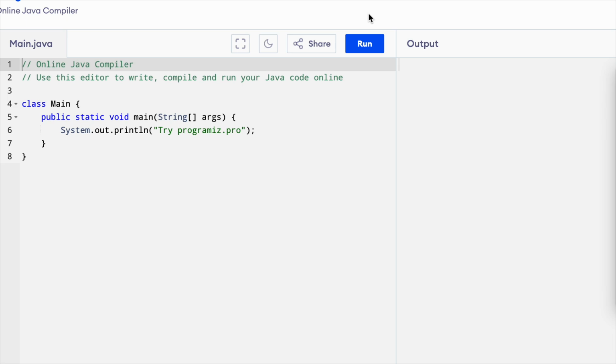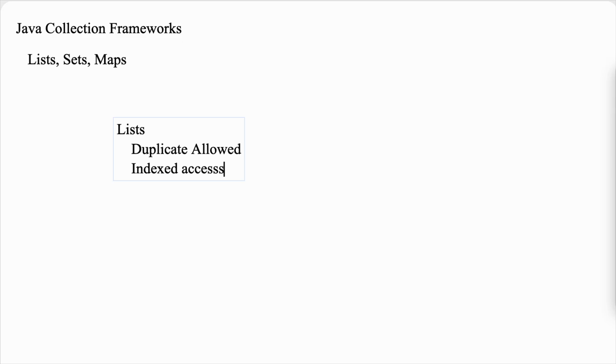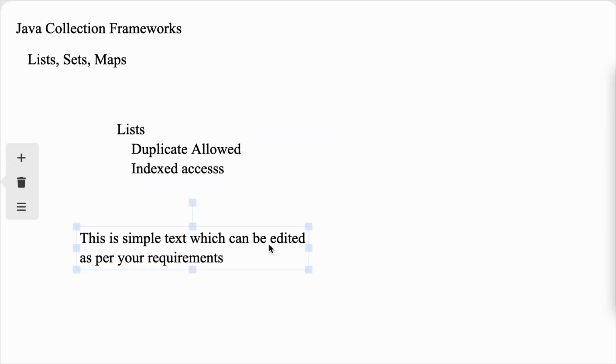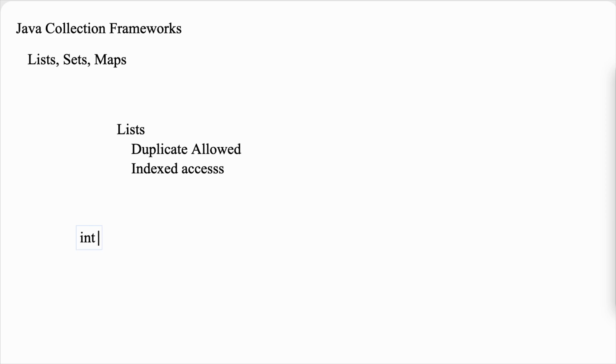The problem is, suppose we have an array, an int array. Using the list, we need to remove the duplicate numbers.